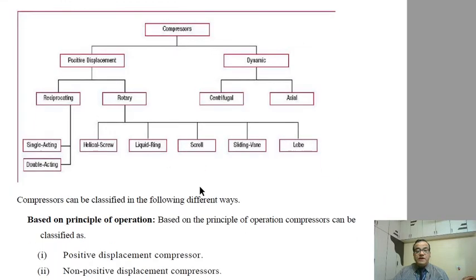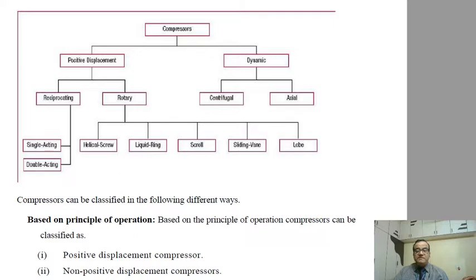Now coming to the types of compressor. Compressors are of two types: positive displacement and dynamic compressors. A positive displacement compressor compresses the air by displacement of mechanical linkages, reducing the volume.